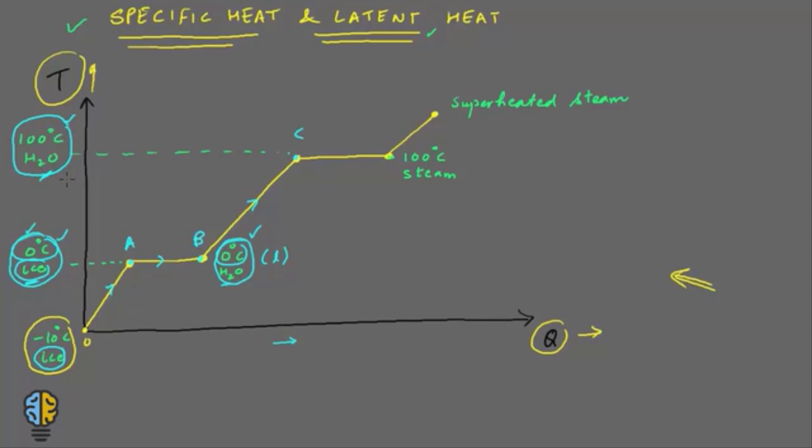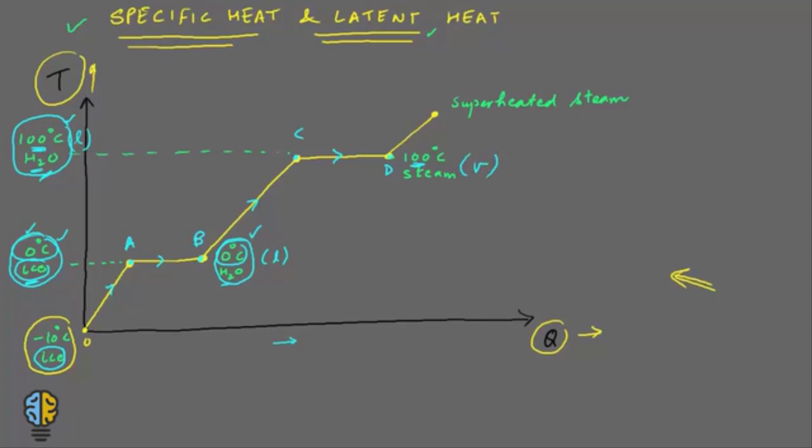There is no change in the state, but there is a change in temperature. Now let's move on from C to point D. In this path also you can see that the temperature has stayed the same, but the state has changed from liquid to vapors. So this is a very important diagram to understand.